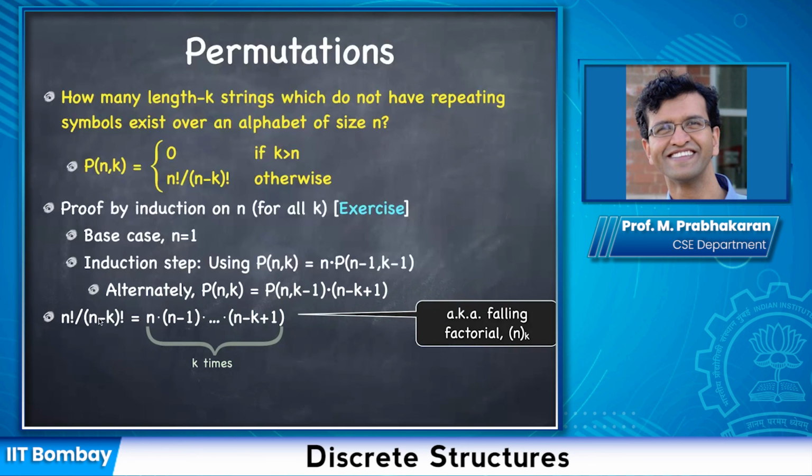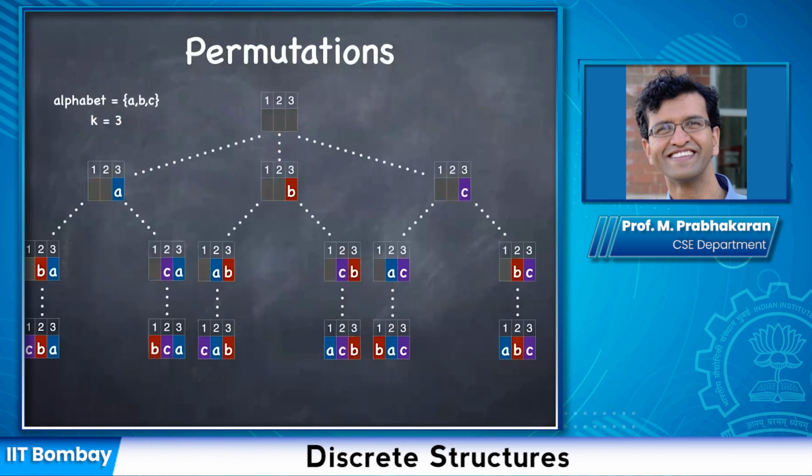And that's what comes out if you plug in the definitions for n factorial and (n minus k) factorial into this expression. A special case of P(n,k), namely P(n,n), is simply n factorial divided by 0 factorial, which is n factorial.